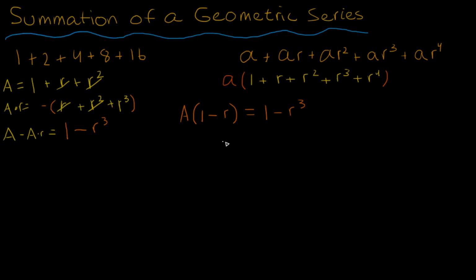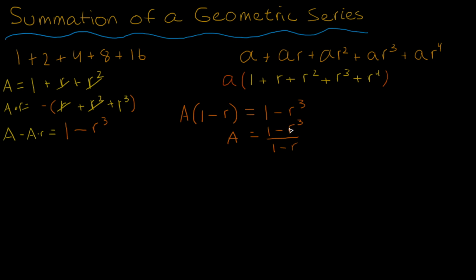So to go back to a, all we actually need to do is divide by 1 minus r on both sides, which will give you 1 minus r cubed over 1 minus r. And I'm assuming here that the common ratio is not 1, because if we have 1 minus 1 is equal to 0, we can't divide by 0. But if you think about what happens when the common ratio is 1, well, we just have 1 plus 1 plus 1 plus 1.